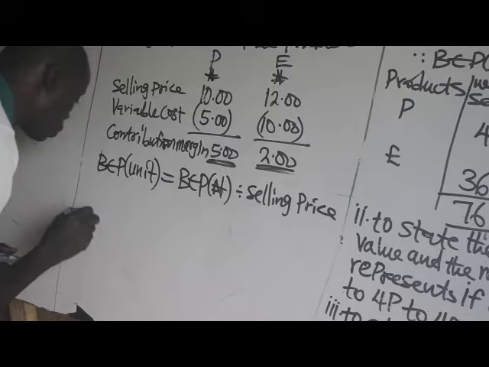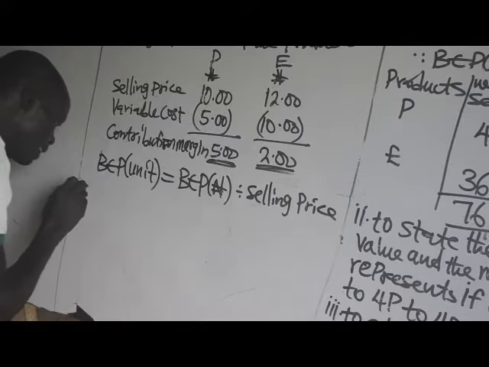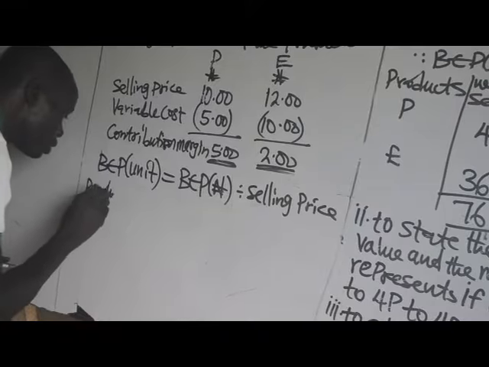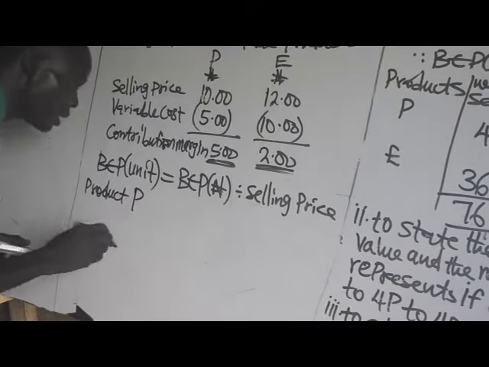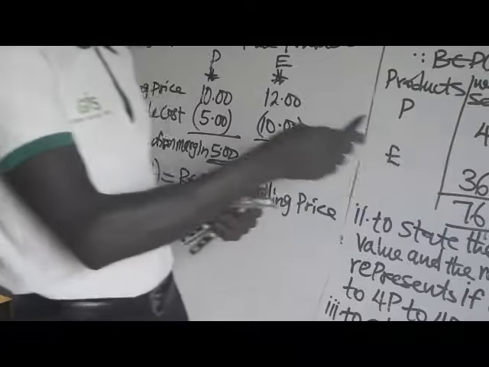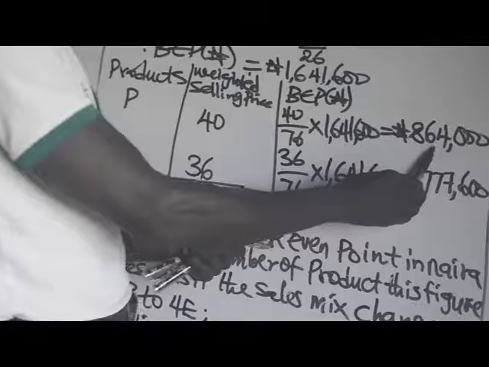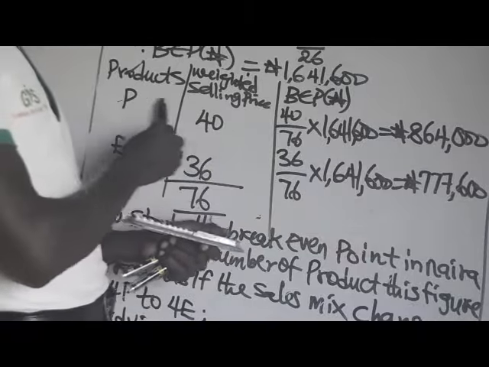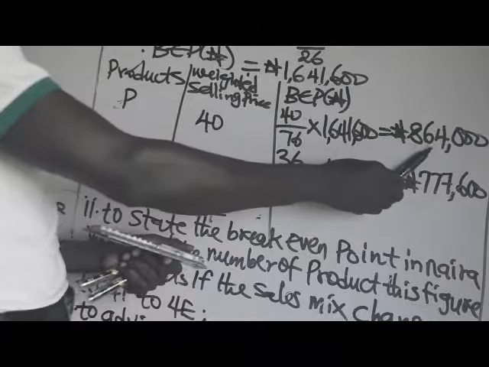Remember, two products were involved. Product P now. The BEP in Naira for product P is 864,000.